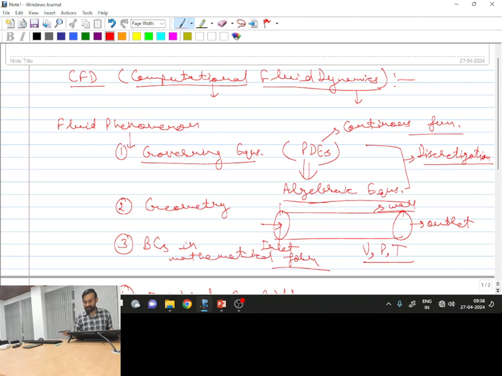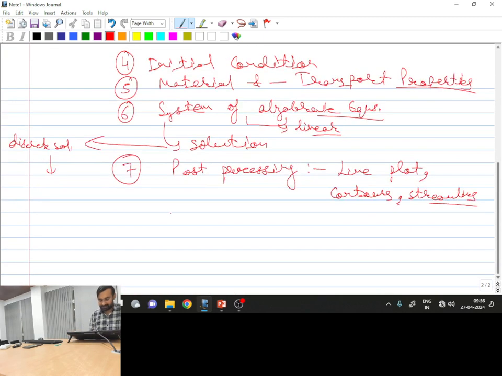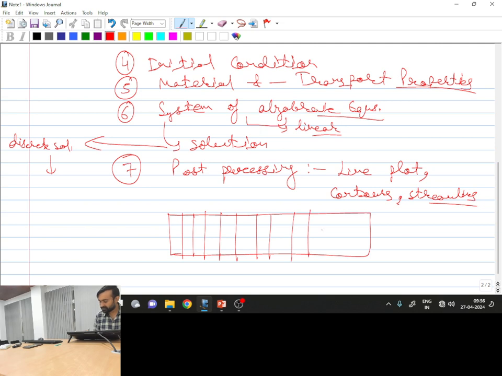Okay, so for example, consider this is your rectangular domain. What we do in numerical simulations is first divide this rectangular domain into a large number of small locations.